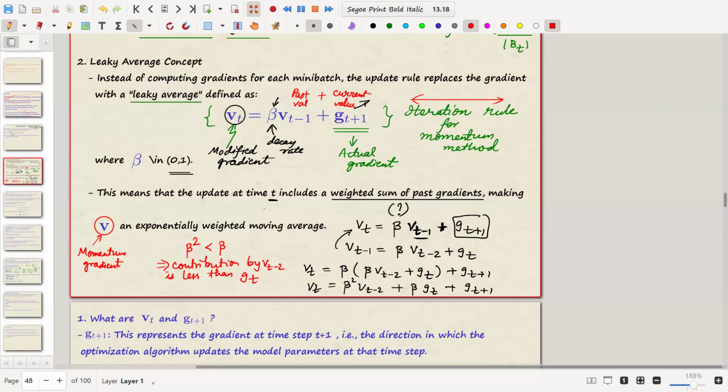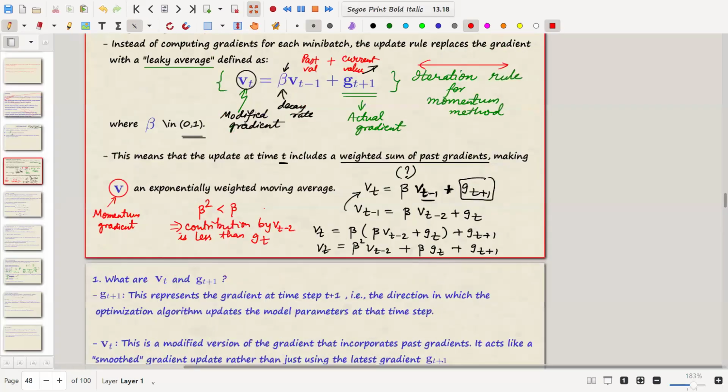Gt plus 1. So the momentum method is equal to the gradient method, nothing else. If beta equals 0, the momentum method is nothing but the gradient method. So if you change beta to be greater than 0 and less than 1, you are taking momentum into account. This is a generalization.